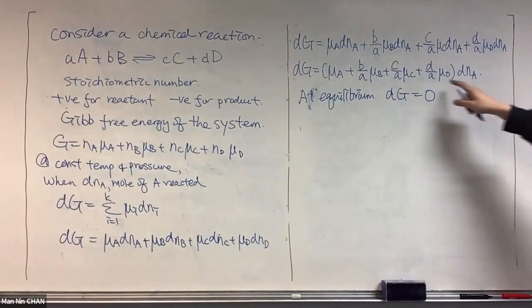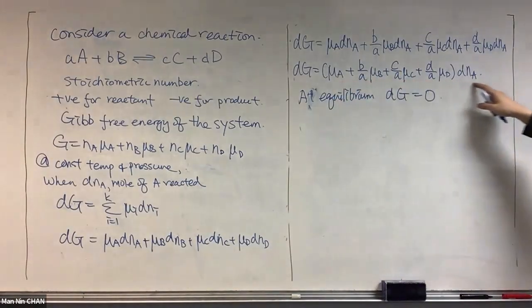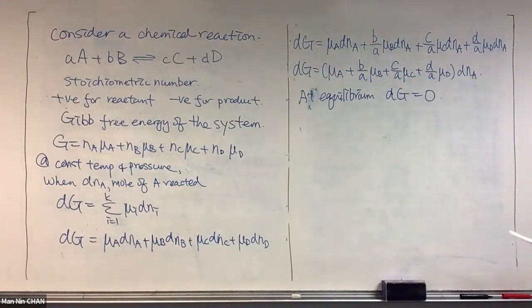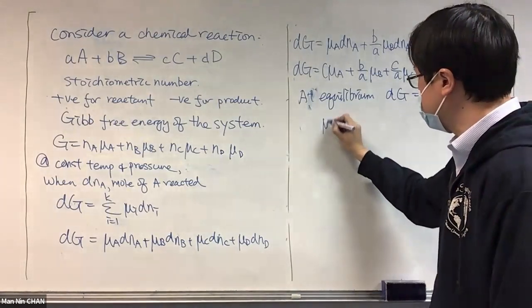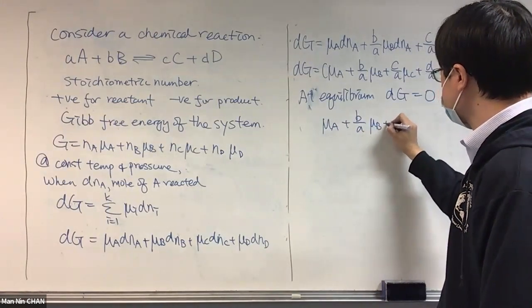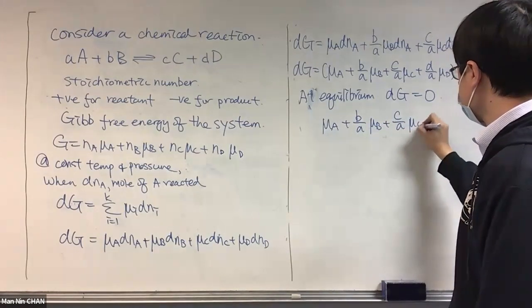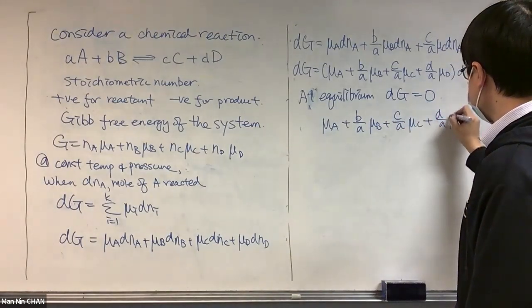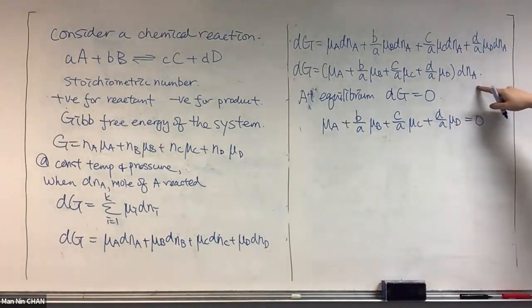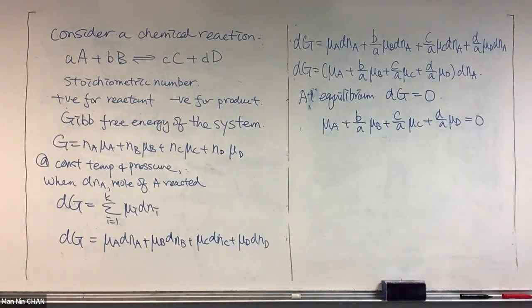So in this case, this term will be equal to 0, and then you can rewrite this here. It will be equal to 0 because you can take the change in the number of moles of A to the other side, and it becomes 0 here.